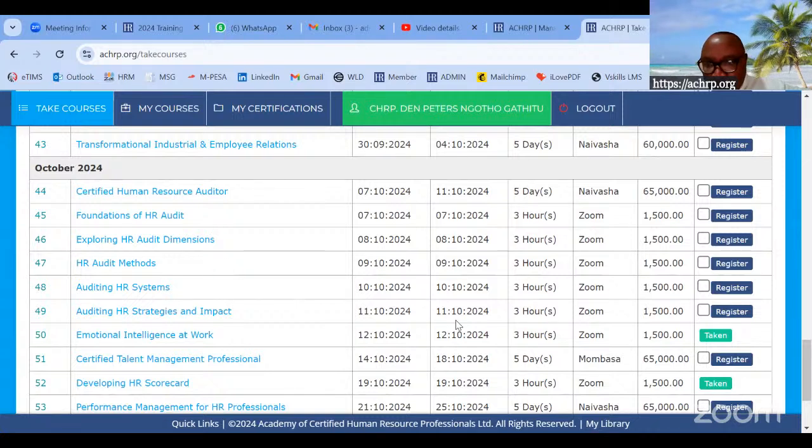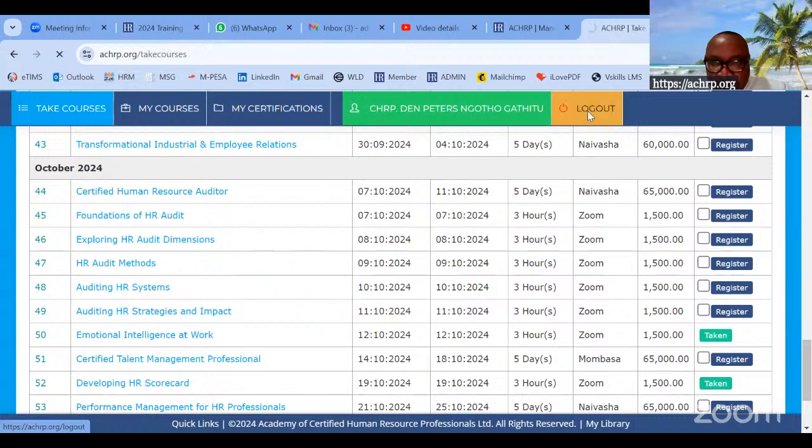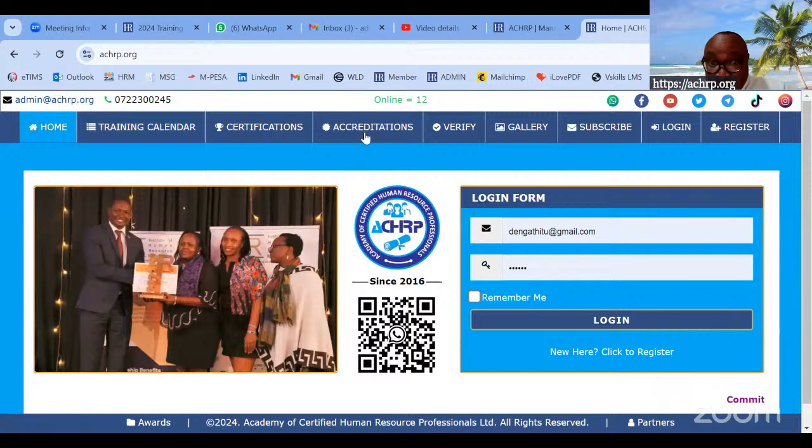You'll find the modules under your Certified Human Resource Auditor certification. Always remember that the HR certifications are duly registered.